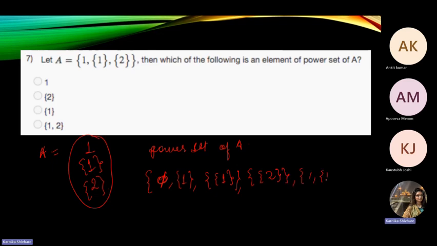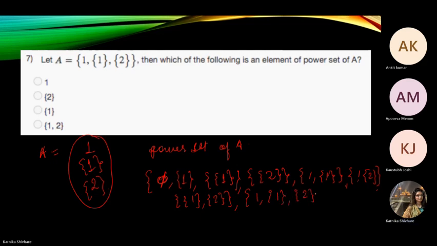Then {1, 1}, then {1, 2}, then {1, 2}, this set, then all the three elements. So which one can we very clearly identify as an element of this one?